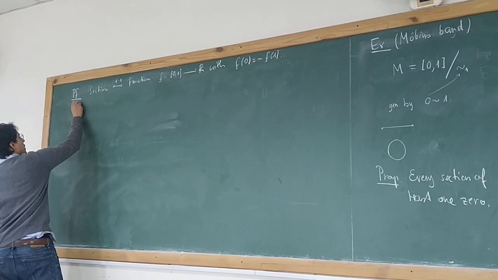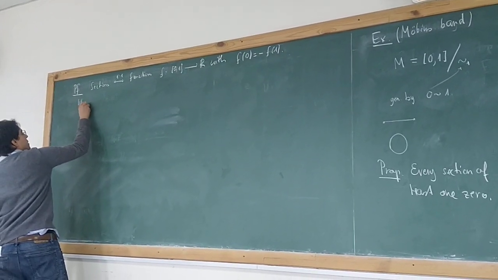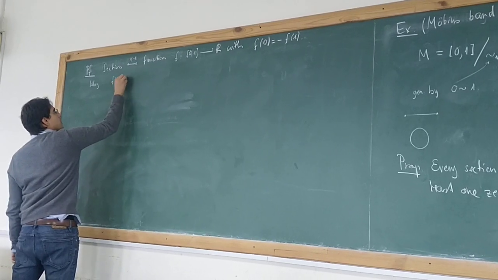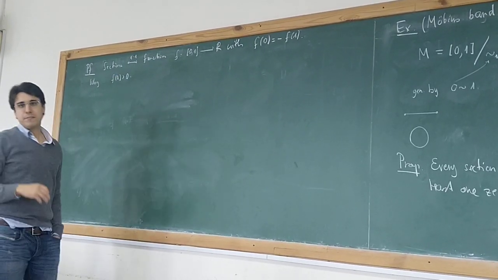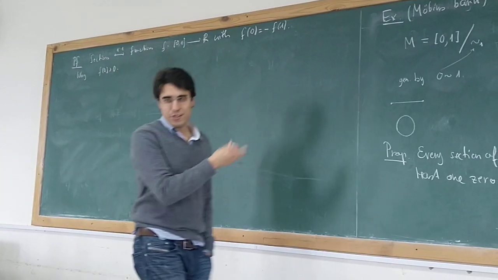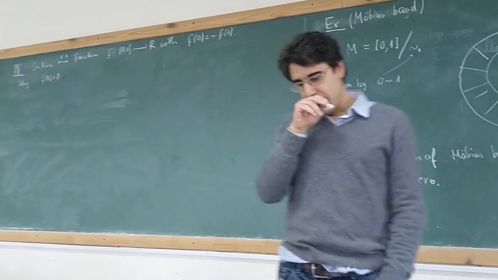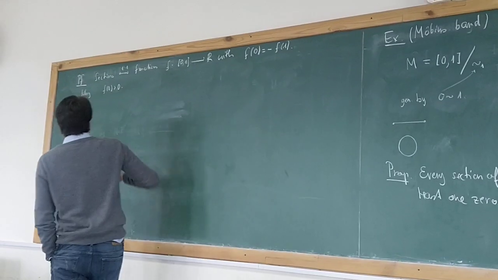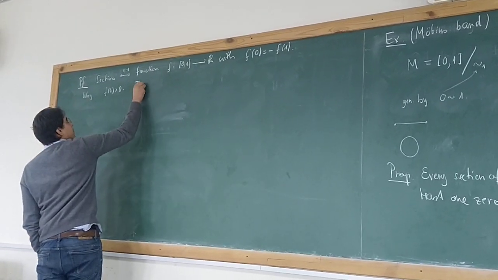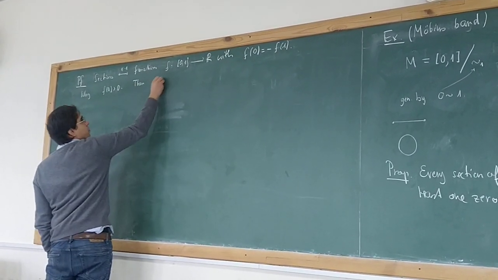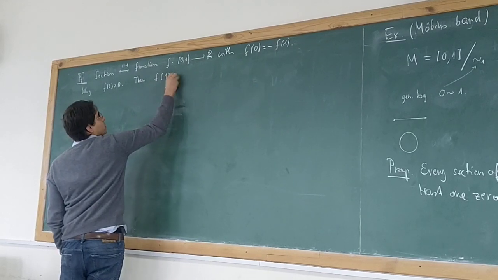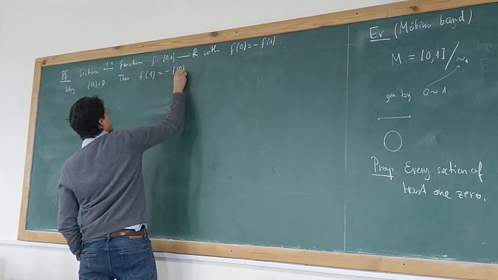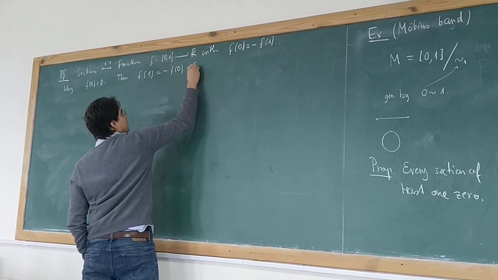Let's say without loss of generality that f(0) is positive. If f(0) is 0, then we're finished. That's clear? So it's positive or negative, let's say positive. Then f(1) equals minus f(0), so negative.